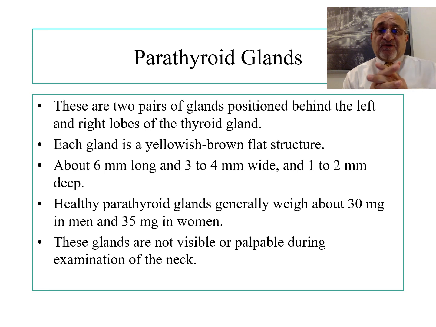As for the weight of the glands, each gland weighs around 30 milligrams in men and 35 milligrams in women, and the glands are not on the superficial surface of the thyroid gland. They are located behind the thyroid gland, and thus they are not palpable or visible during the examination of the neck.